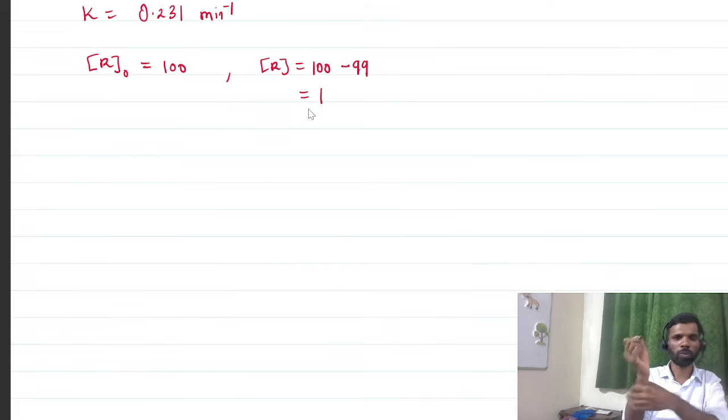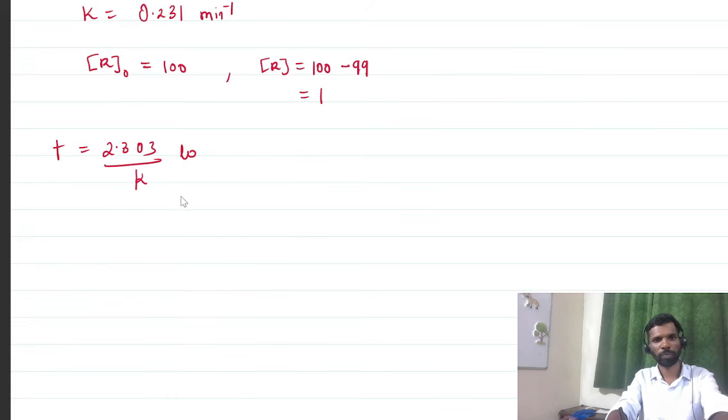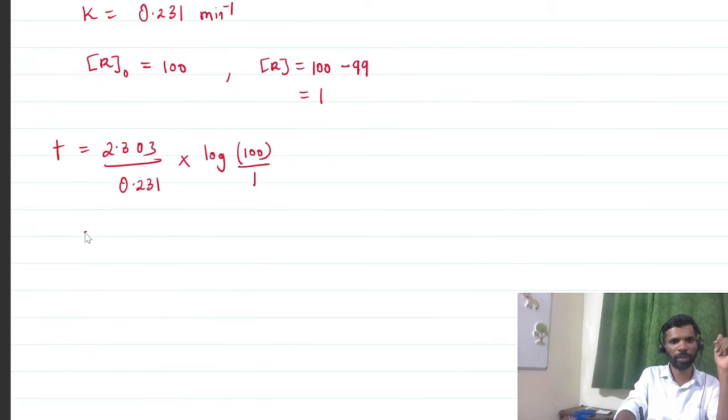Therefore, time is equal to 2.303 by K, where K is 0.231, multiplied by log of R0, which is 100, divided by 1. Log of 100 is 2.